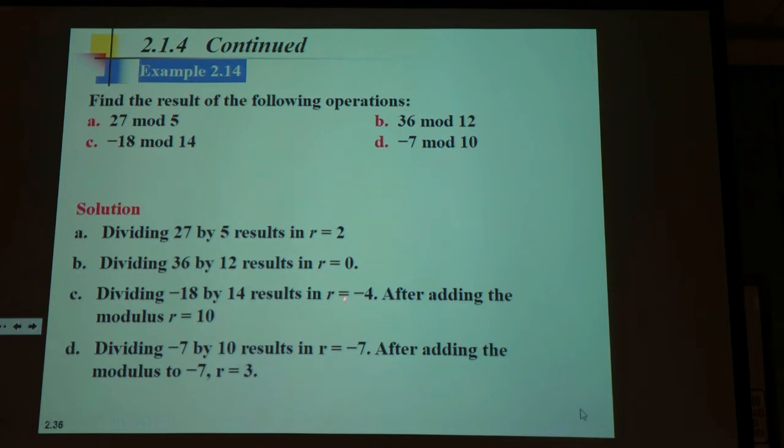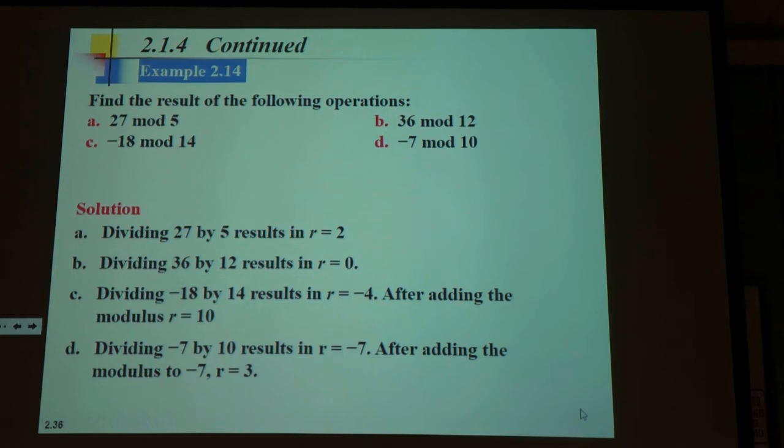But we have to convert it to what? To positive. So we add the value of the modulus. How much is the modulus? 14. So when you add 14 to minus 4, it becomes 10. All right? So always, if it's negative, you add the modulus to it. Again here, minus 7 mod 10 will give you minus 7, right?